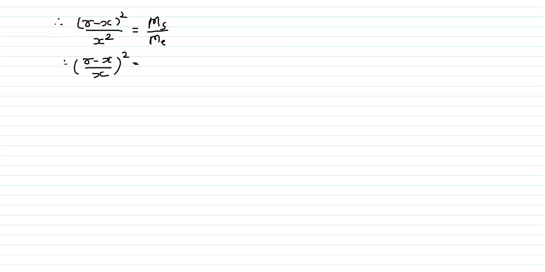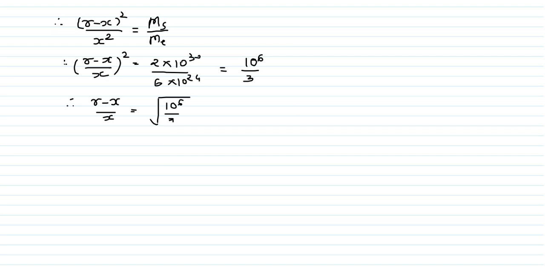What is the mass of the Sun? You can say 2 into 10 raised to 30, and the mass of the Earth is 6 into 10 raised to 24. So it is 10 raised to 6, (30 − 24) upon 3. Therefore (r − x)/x equals root of 10⁶ upon 3, that is 10³ upon root 3.